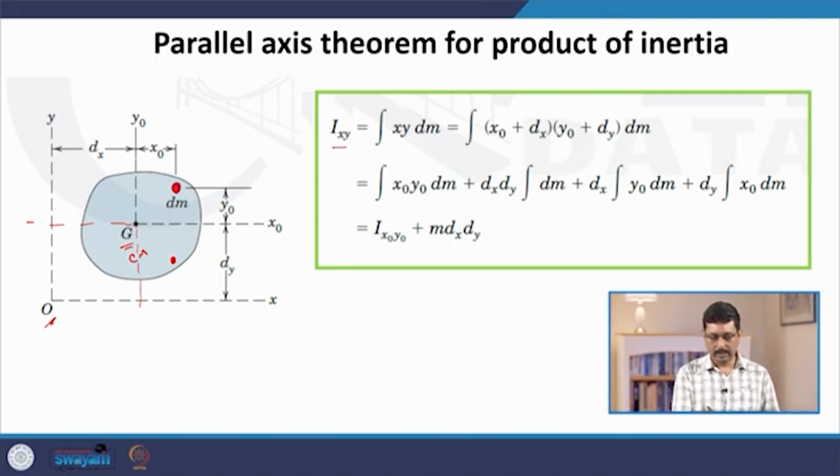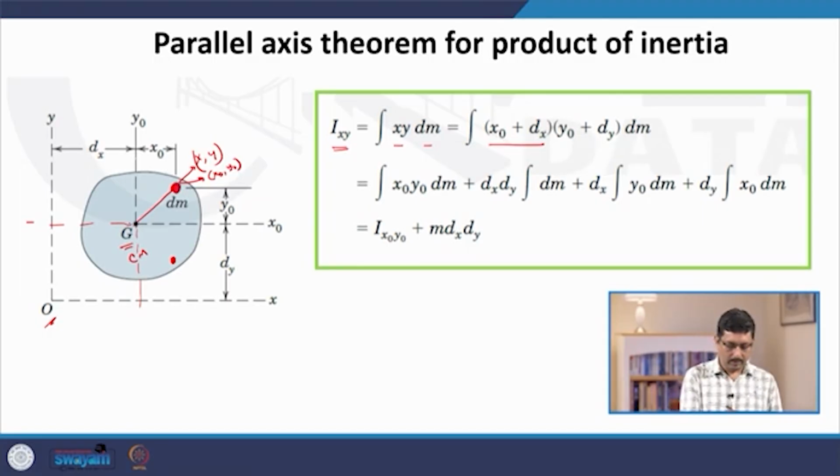Then we write down the definition of the product Ixy. So, this is xy times dm. Now, from the figure it is clear that x is given by x naught plus dx. x is the location of this point with respect to the origin O, and x naught is the location of this point with respect to the center of mass.